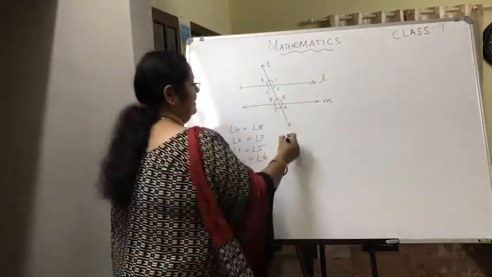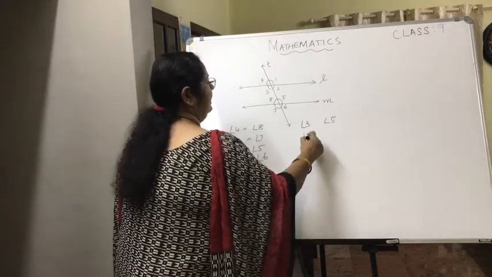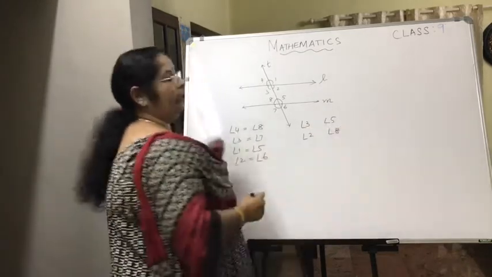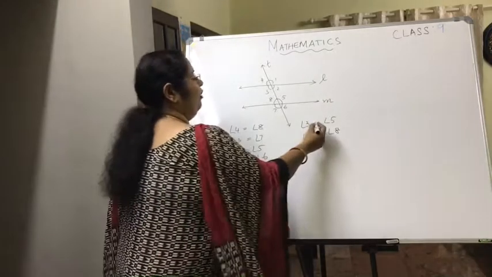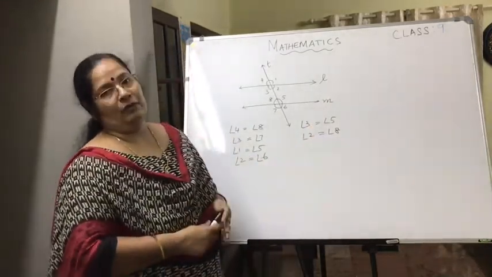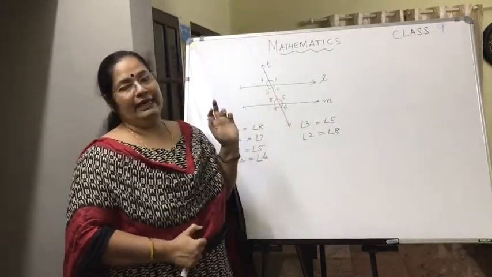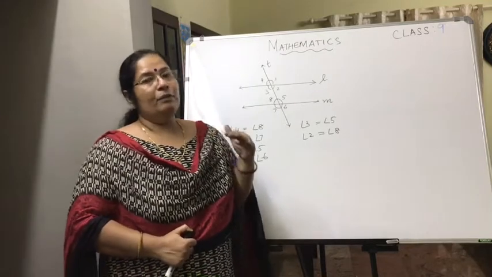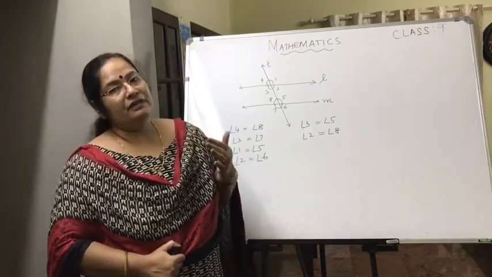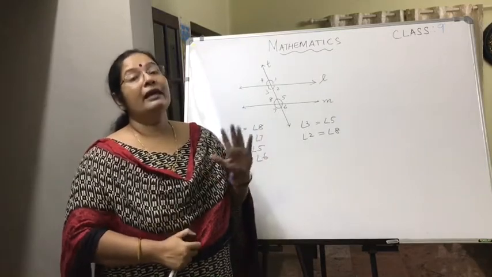That is angle 3 and angle 5, angle 2 and angle 8. So according to the theorem, the pair of alternate interior angles will be equal. So angle 3 will be equal to angle 5, angle 2 will be equal to angle 8. So what is the theorem? When two parallel lines are intersected by a transversal, the pair of alternate interior angles so formed are equal.